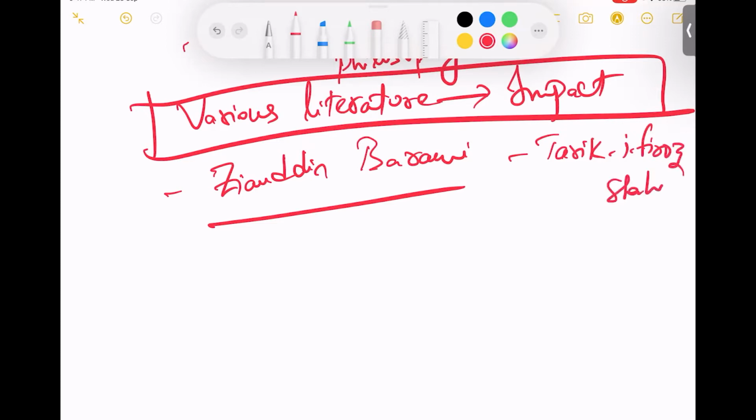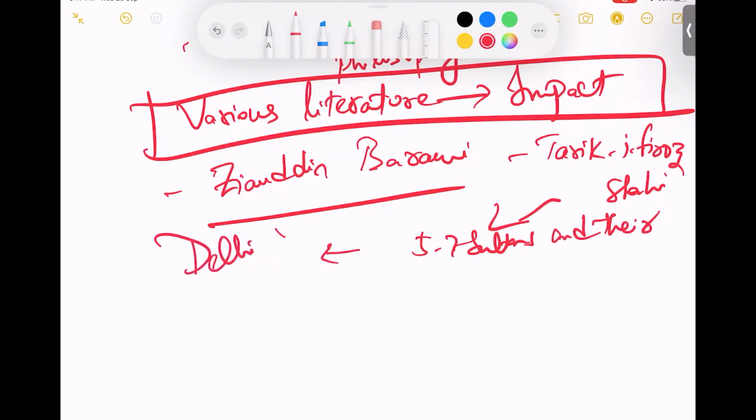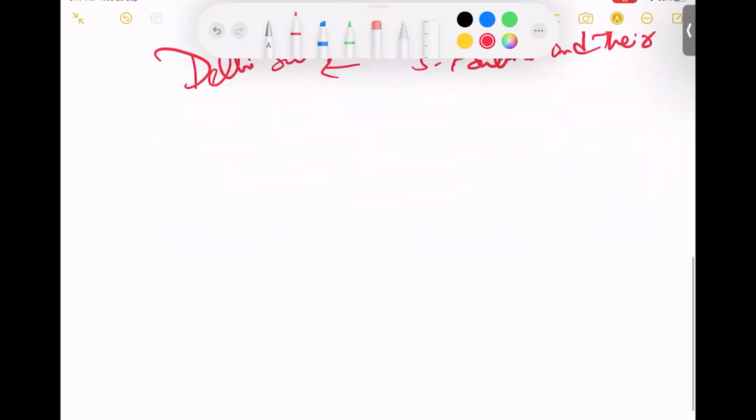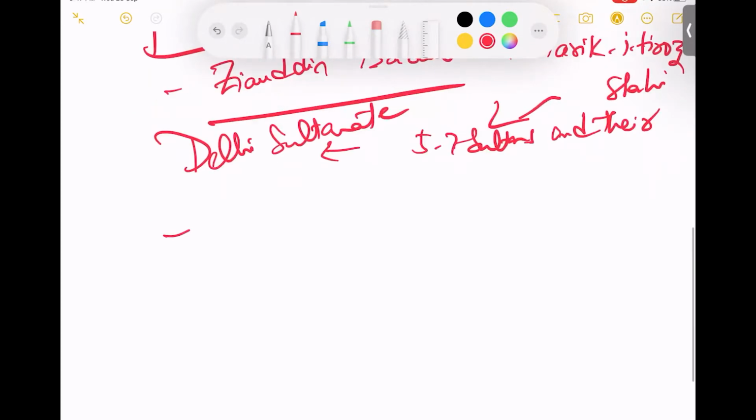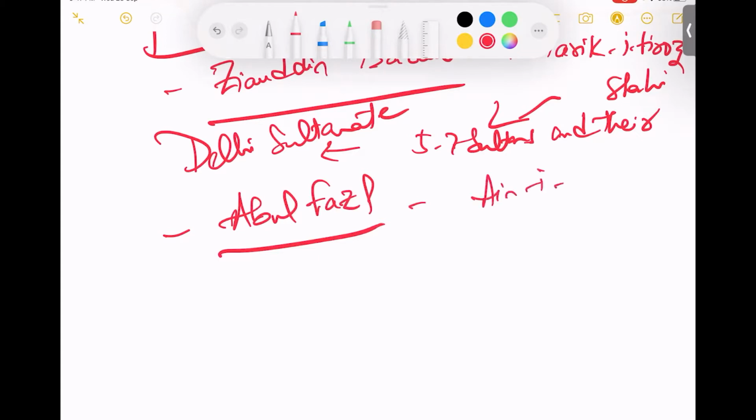And here he has written about nearly 5 to 7 sultans and their administration. So it gives the picture of the entire Delhi Sultanate. And next, one more poet, court poet of the Mughals was Abul Fazl. He has written Ain-i-Akbari.